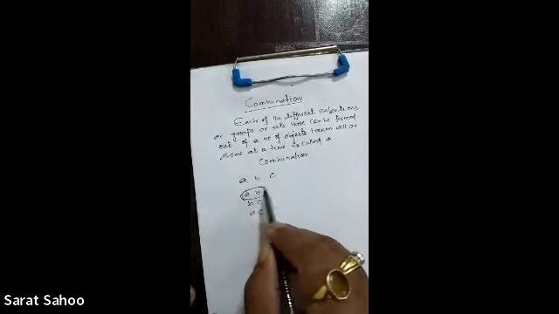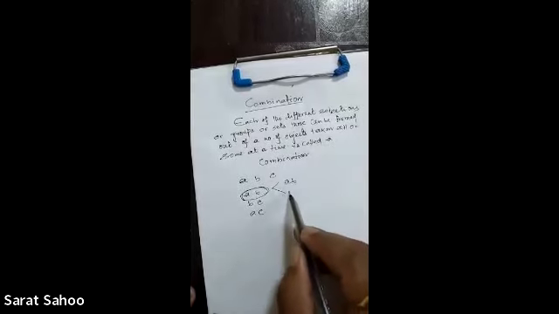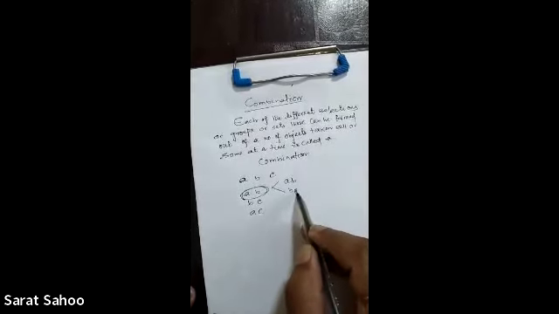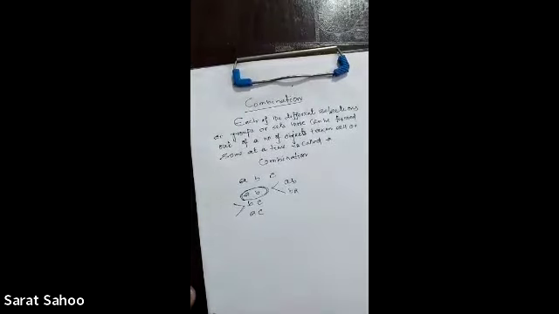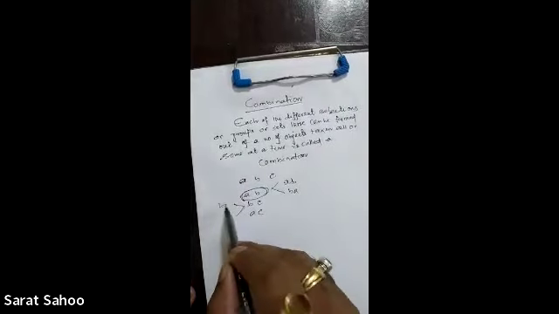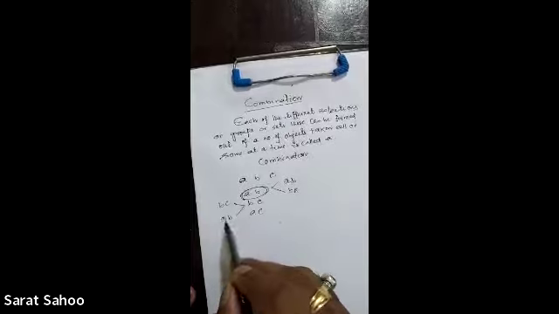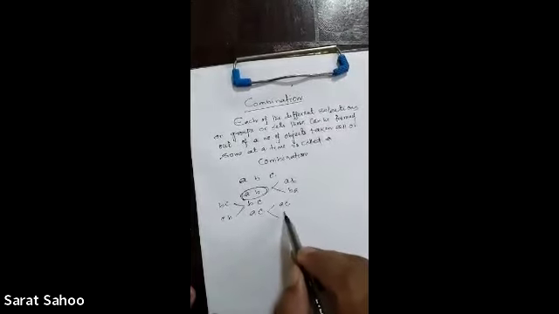So the combination AB will give you two permutations. One permutation will be AB, another permutation will be BA. Similarly, the combination BC will give you two permutations, that is BC and CB. Combination AC will give you two permutations, AC and CA.